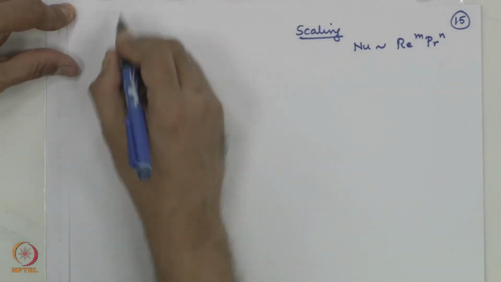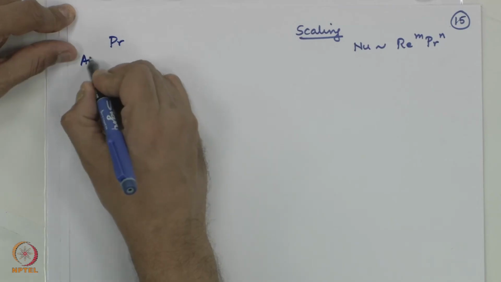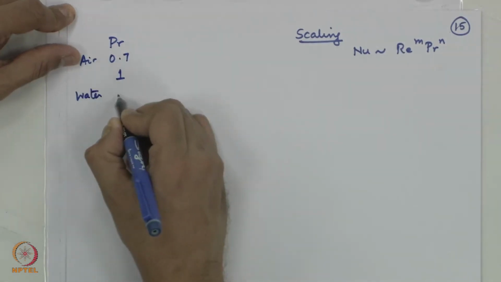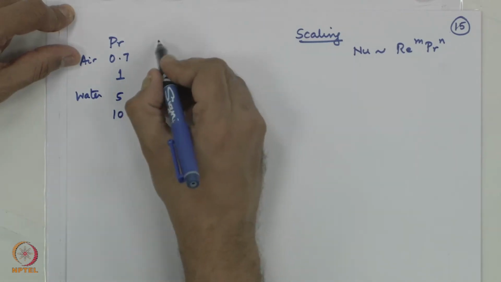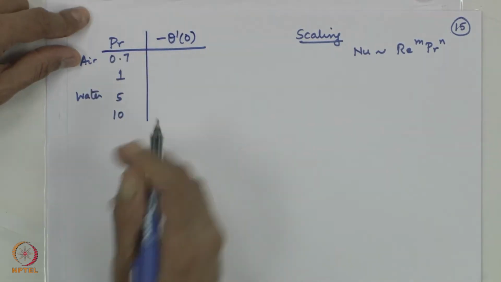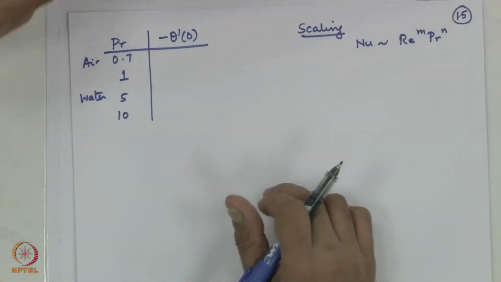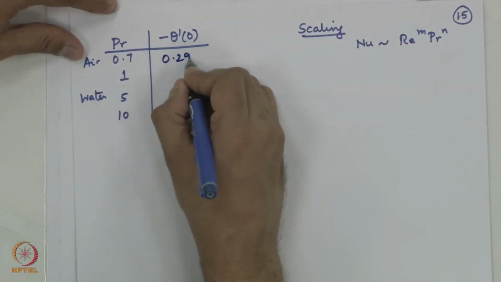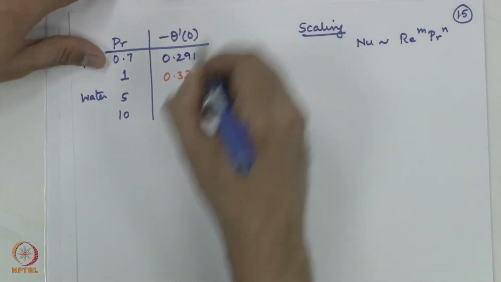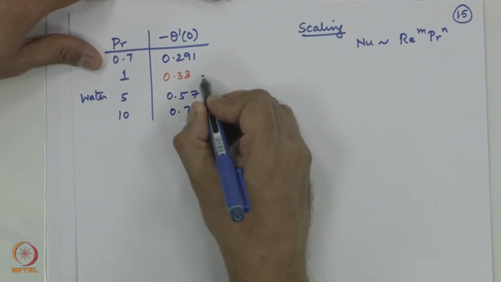So if I say the solution of this ODE, Prandtl number, if I put for air, which is 0.71, if I put for water, this is 5 and say so 10, minus theta prime of 0, when I solve the energy equation in conjunction with the momentum equation, this would come out to be 0.291, 0.33, and these would be 0.572, 0.721, and so on and so forth.